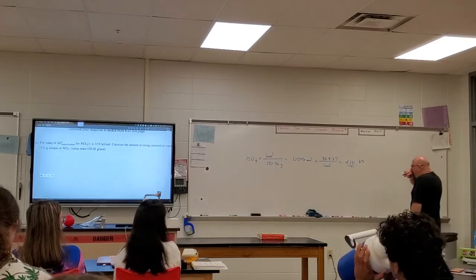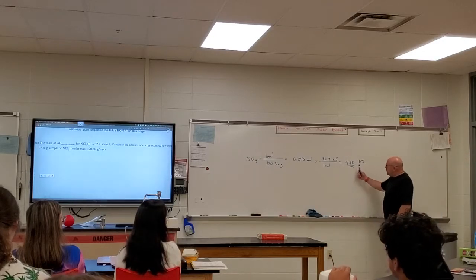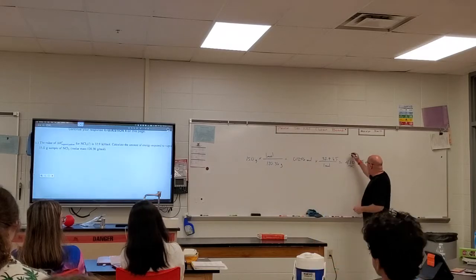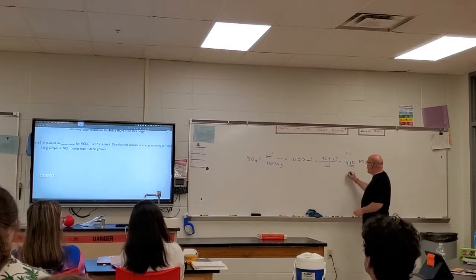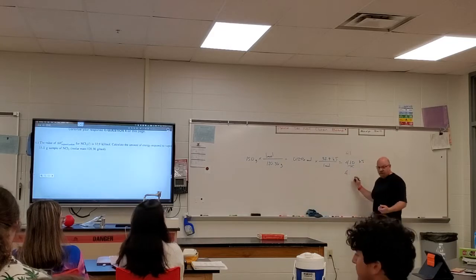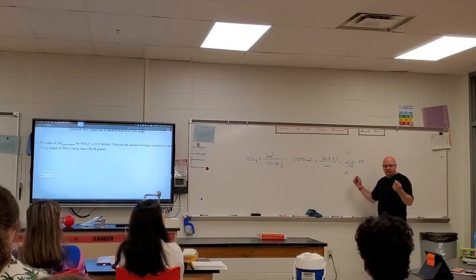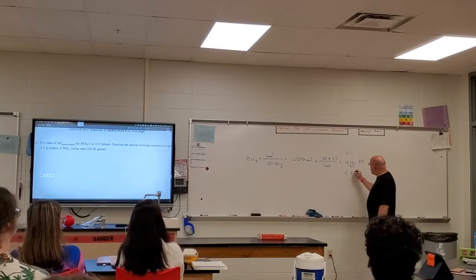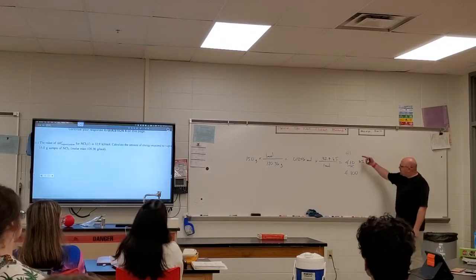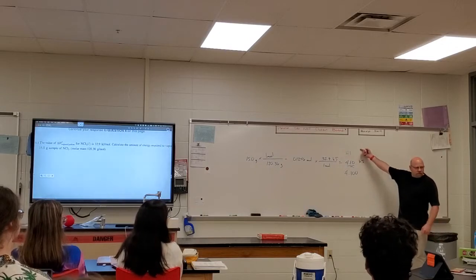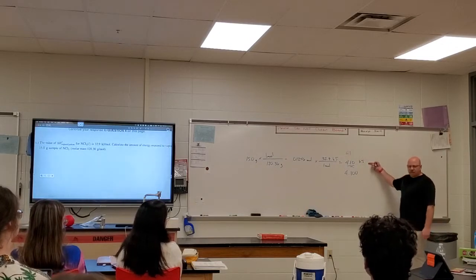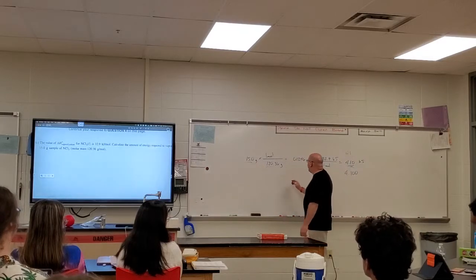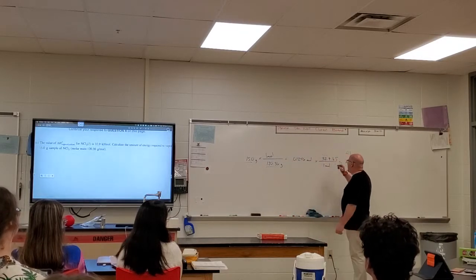But you would have one way, 1 more or 1 less. So this would be acceptable, is it 4.10 or 4.09 something? 4.1001. Those two are okay. This is the correct number of significant digits, because that's got 3, that's got 5, that's got 3.